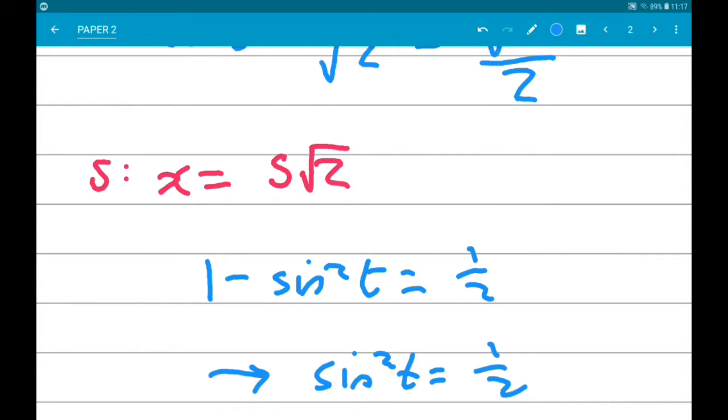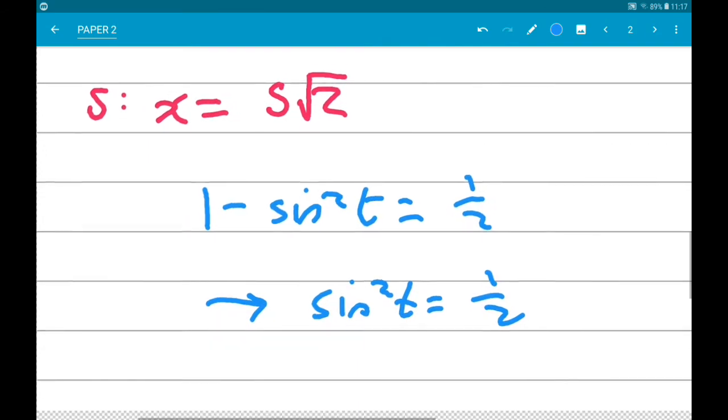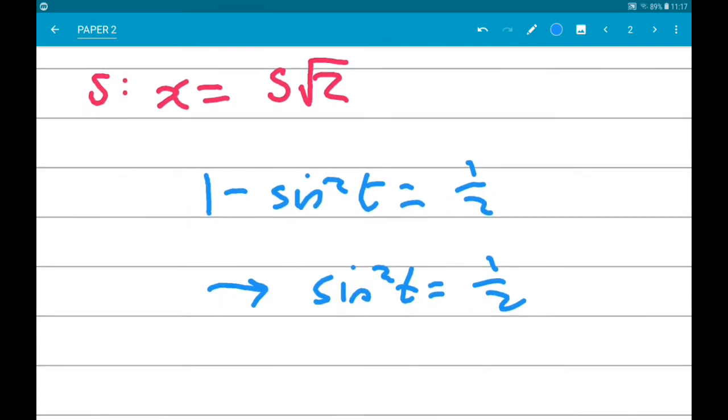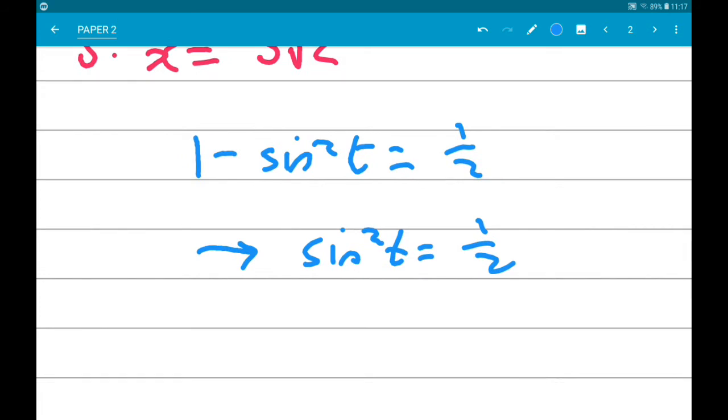Now again, we are going to square root. This time, the y coordinate is negative, so we only want the negative answer to the square root. So we get sine of t is a negative root 2 over 2.